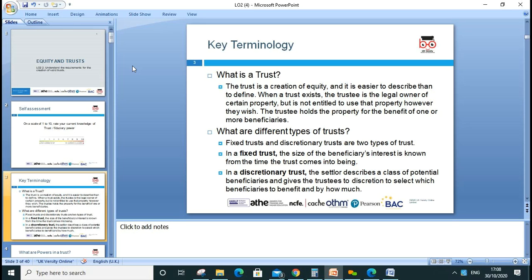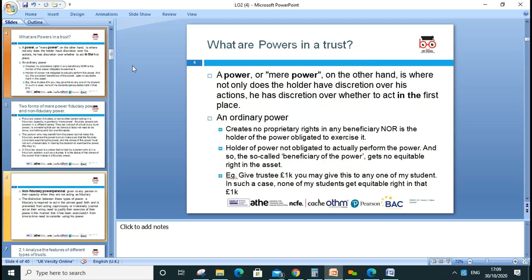In a discretionary trust, the settlor describes a class of potential beneficiaries and gives the trustees the discretion to select which beneficiaries to benefit and by how much. So you have a property, who will benefit more, who will benefit less.